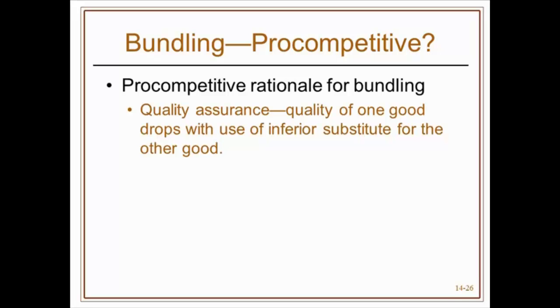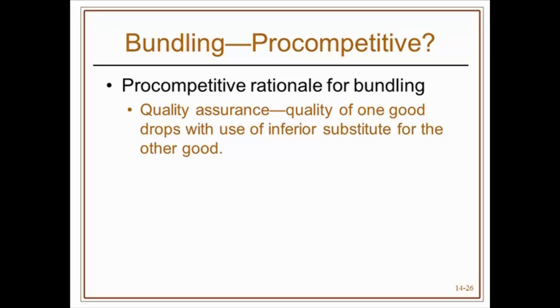Well, again, maybe that's got an anti-competitive reason for it, but the company may also feel like, look, our printers are good, and we design it with this particular type of toner in mind, and if you use any other type of toner, your printouts aren't going to look as good. The quality is going to go down. And so if we bundle our products together, then it's going to help you out, because we can have a lot more control over the types of products that are being used inside of ours.